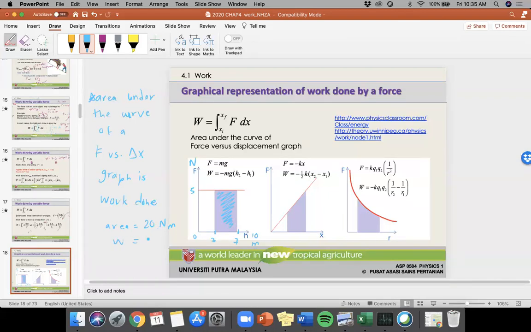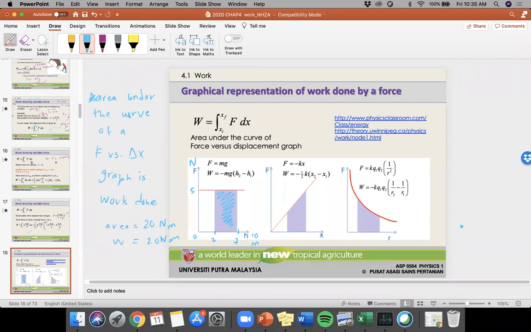This is work done. Is it positive or negative? So earlier we learned about if we have force X, we have a pushing force, and we have the force by gravity. So it depends on what type of force is acting. Even though the graph shows a positive value, the question will tell you whether the work done is positive or negative.